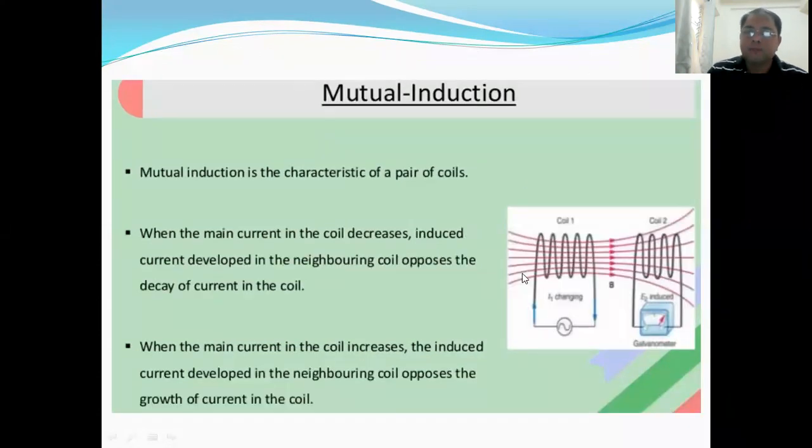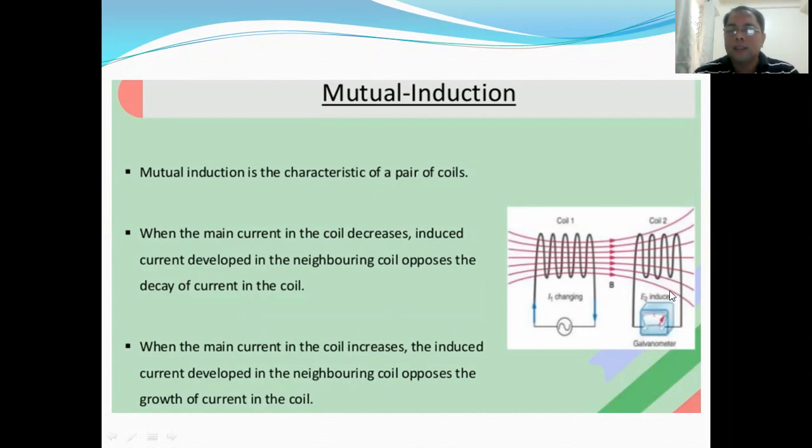Now in some welding devices, in some transformers, they have this mutual induction. So you have a pair of coils of wire, one with the source or a battery, and the other one with an ammeter or a galvanometer.